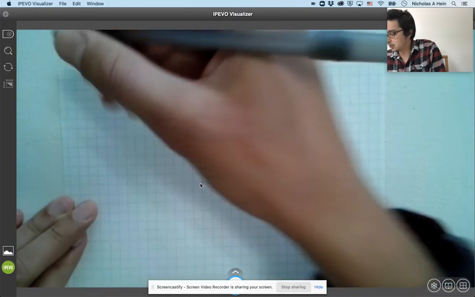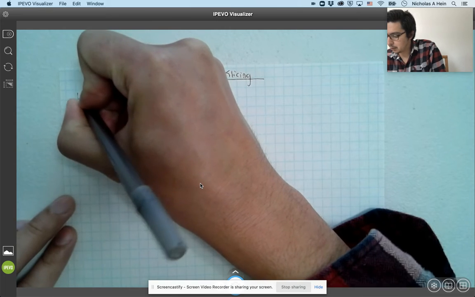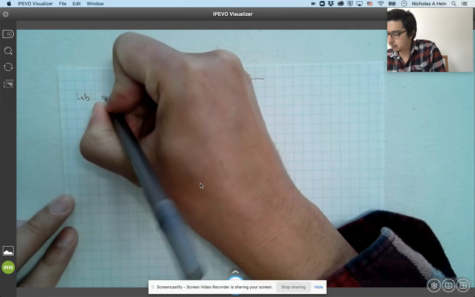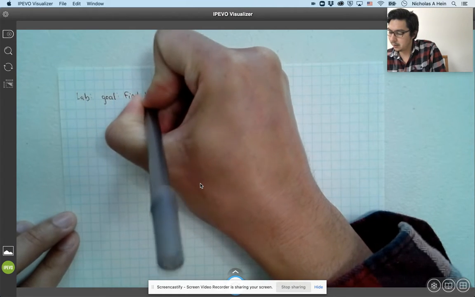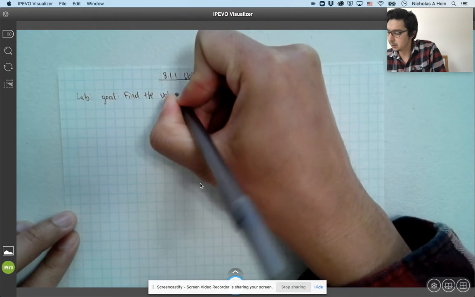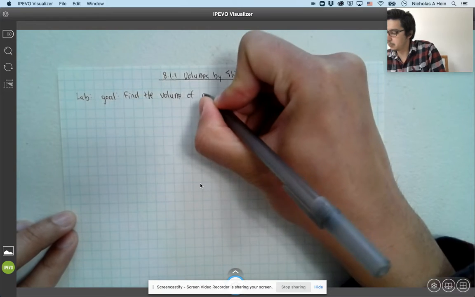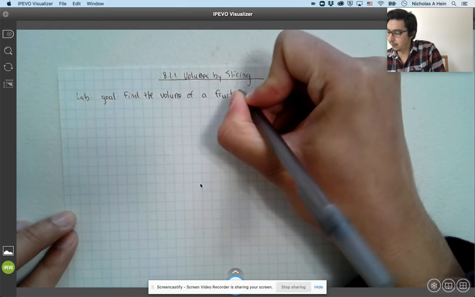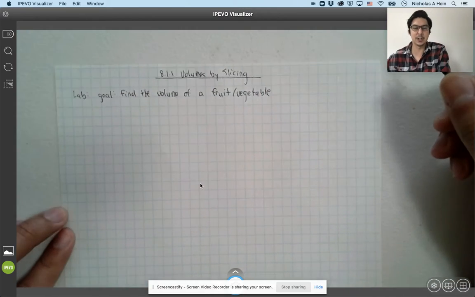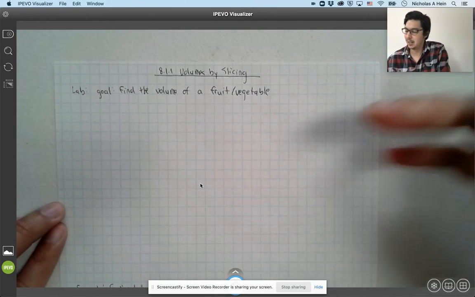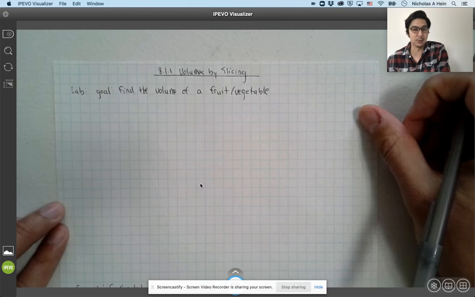So if you want to do it yourself for this lab, the goal is to find the volume of some sort of fruit or vegetable. So raid your fridge, find a fruit or vegetable that your mom or dad don't need, and you can do this lab.